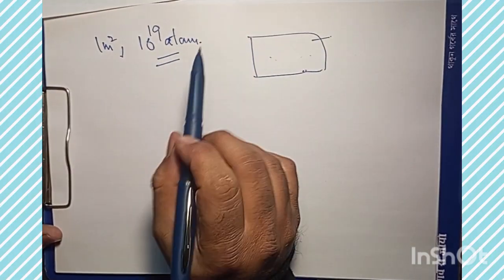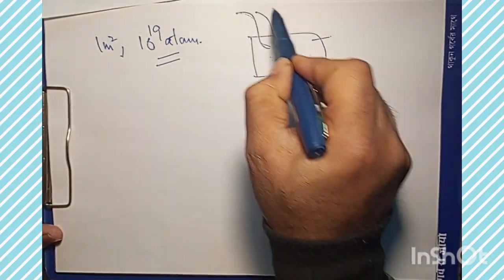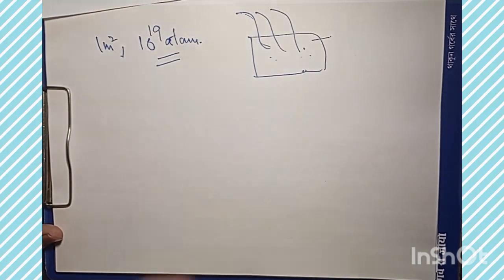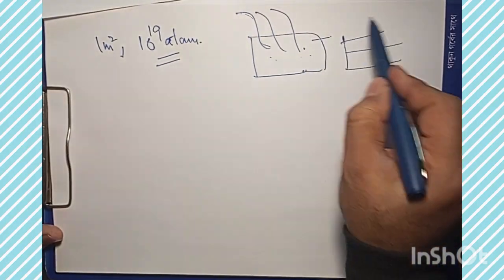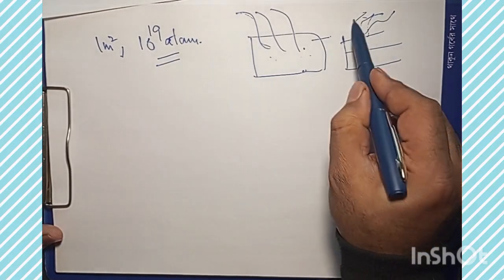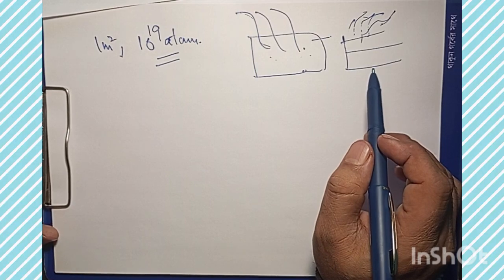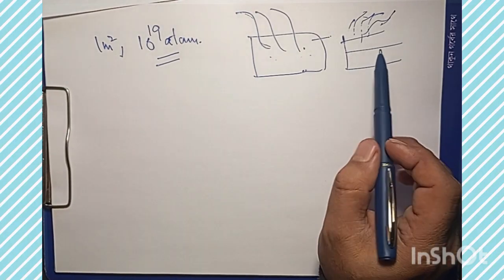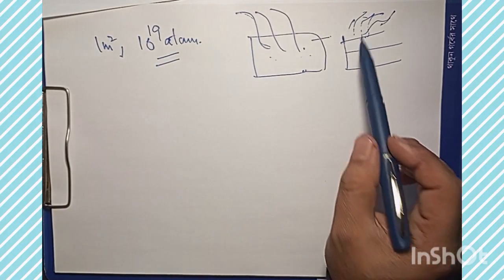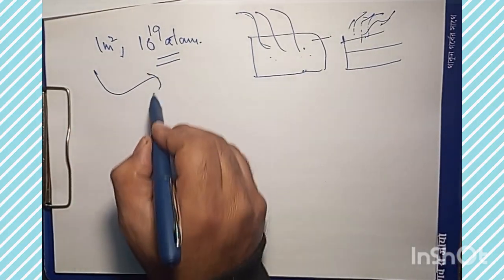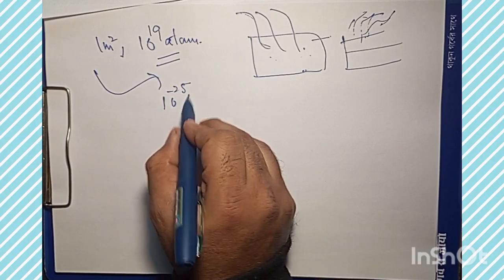Now, suppose the incident light is absorbed by the uppermost layer of sodium atoms. Each atom will receive an average amount of energy, and that average amount will boil down to 10 to the power of minus 25 watts.